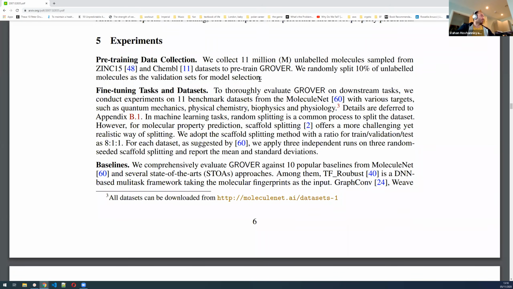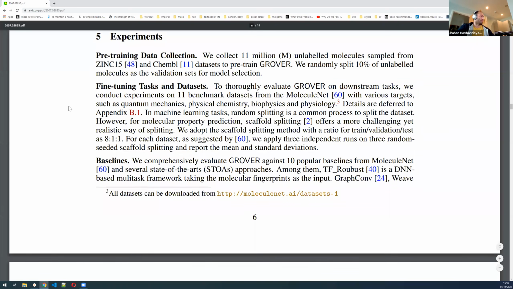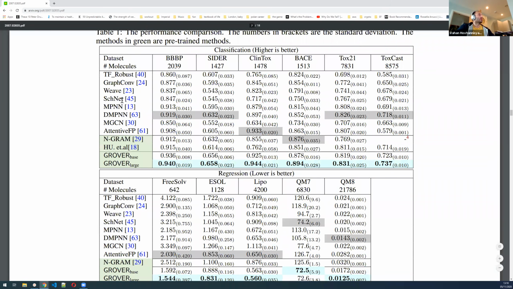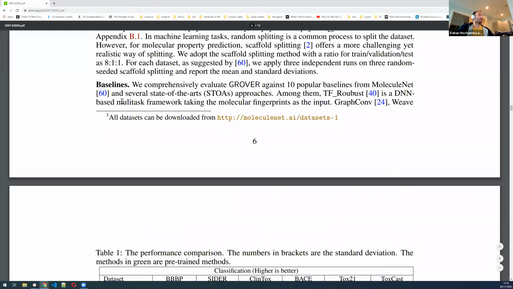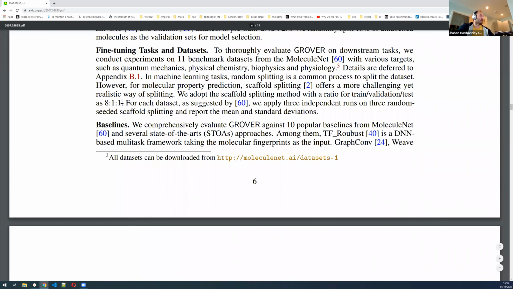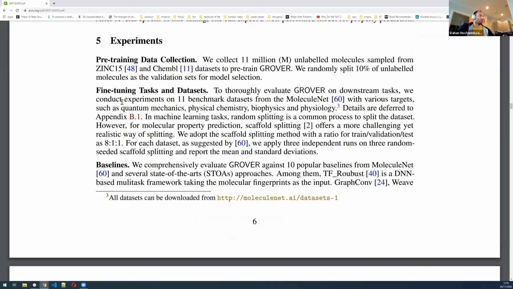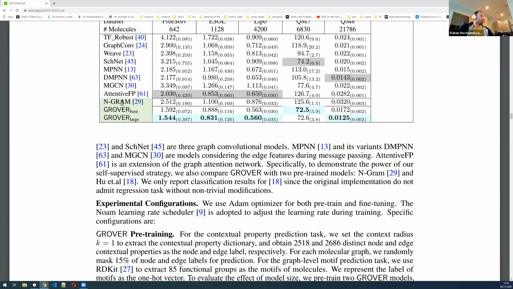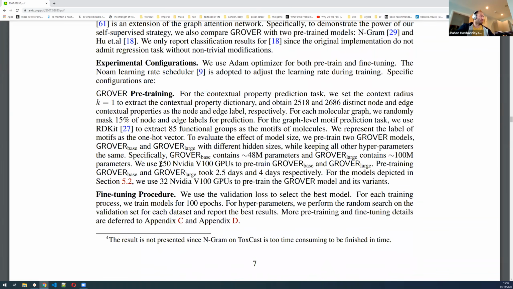Okay, a bit of experiments. So maybe I just scroll to this table. They did a lot of experiments. One interesting thing I found here is, let me find it. They used 250 NVIDIA V100 GPUs to pre-train.